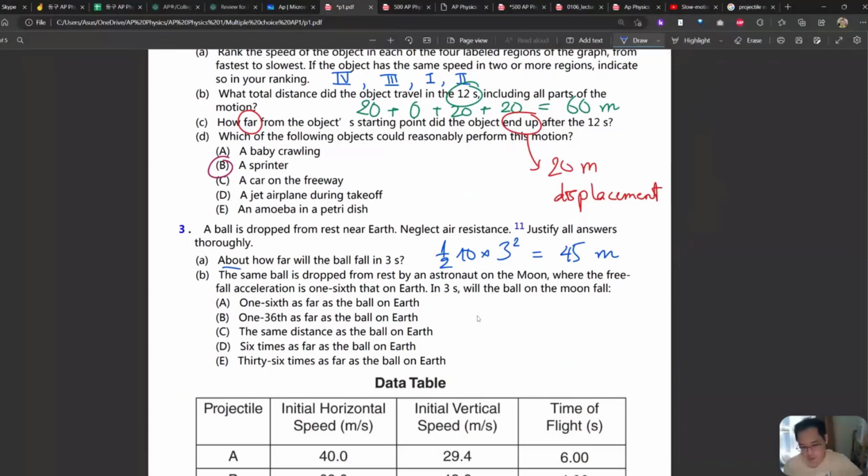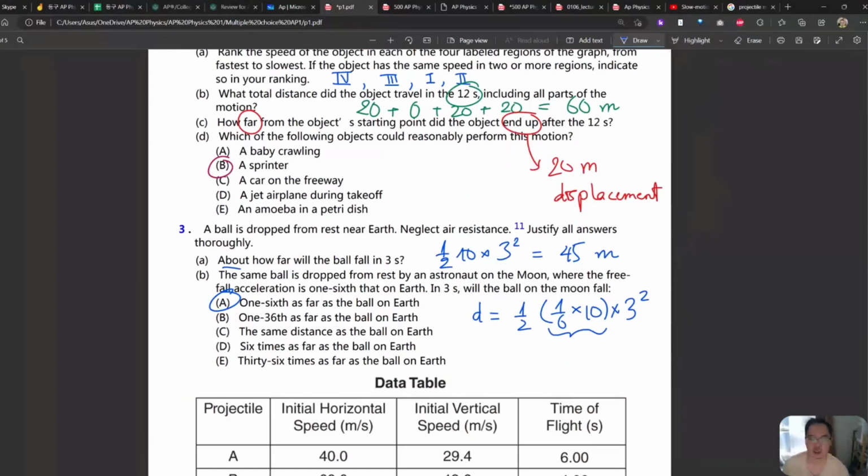The distance it falls will be 1/2 first, and then 1/6 of g, which is 10, and then multiply with 3 square. But the point is that we don't even need to calculate the distance, only the proportionality, because the distance is proportional to the acceleration. So acceleration is 1/6, and therefore the distance will also be 1/6. Okay, the answer is 1/6.